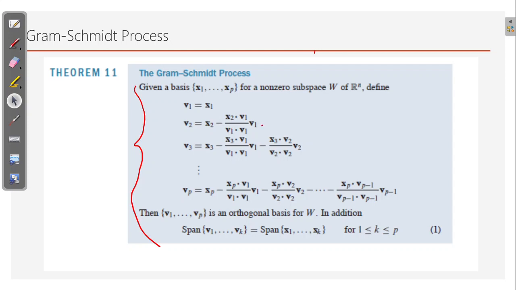How this algorithm is obtained, we will show by explaining two examples, and those two examples will be generalized. We will generalize the method or algorithm for any dimension equal to n.